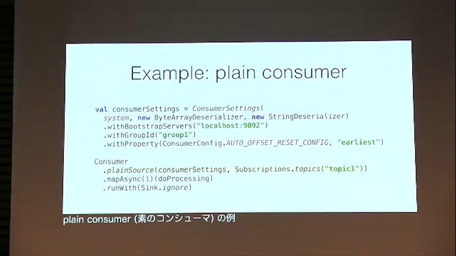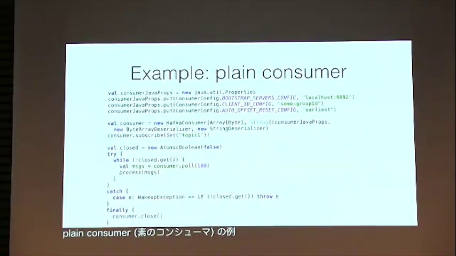Okay? So let's say you want to implement a similar thing using the plain API, just the Java Kafka API. If you wanted to build this with the plain Java API, it would be, I'd say, less reactive. The main part here is the poll call.